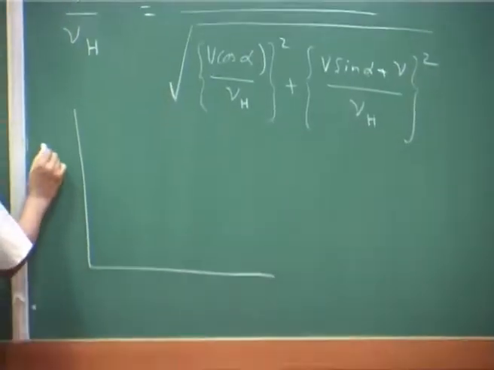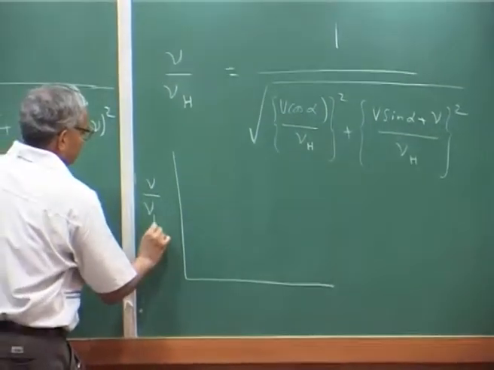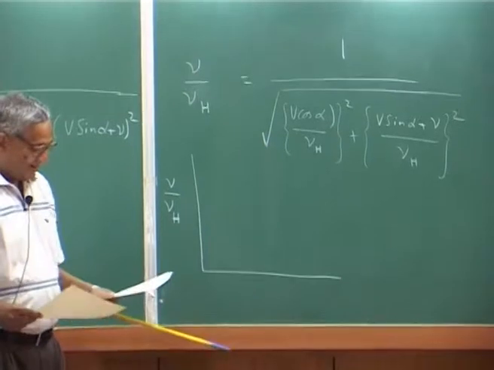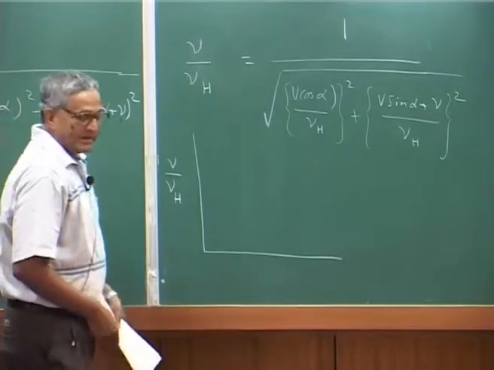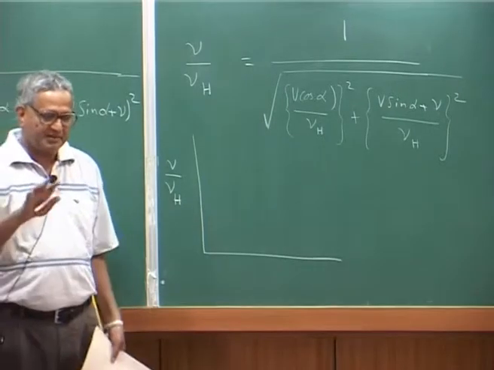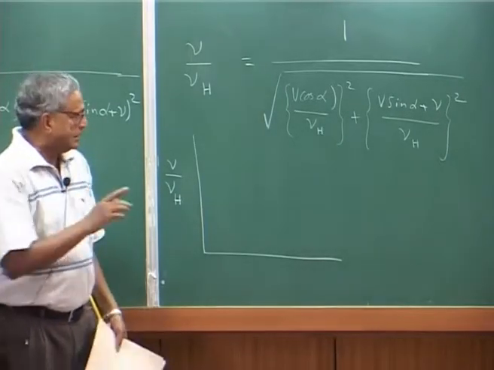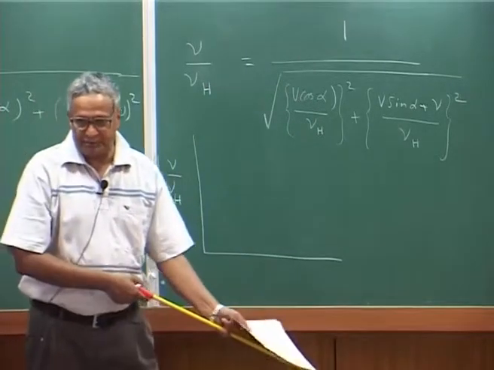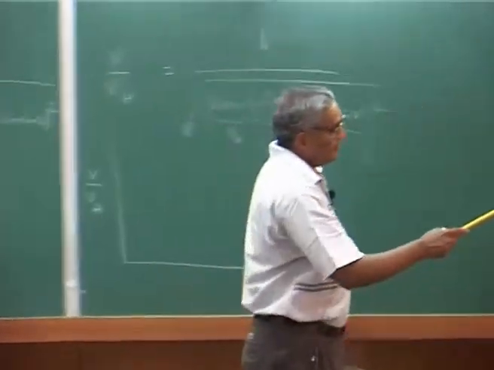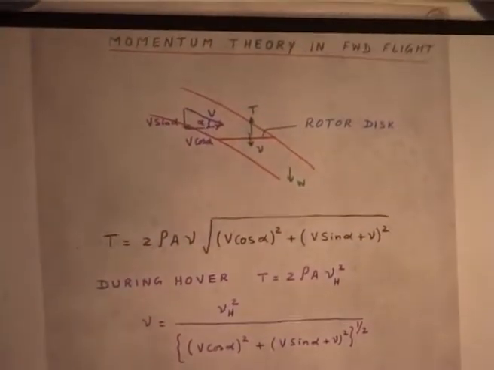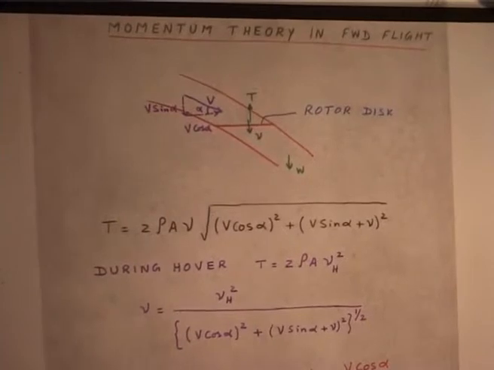This is nu over nu h, and on the x axis you have, please understand this is just an indication, what is the value of alpha, that is the key. Alpha is the oncoming flow with respect to the horizontal.